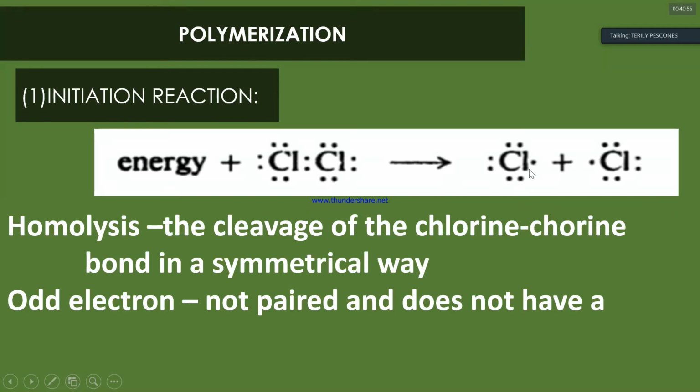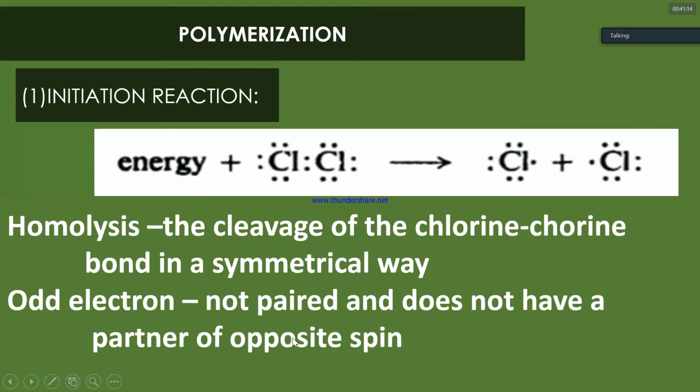So, eto ngayon yung tinatawag natin na odd electron. Wala siyang ka-partner. Ito yung lone pair natin, lone pair electrons yan. So, does not have a partner of opposite spin. So, wala siyang ka-partner, unpaired.